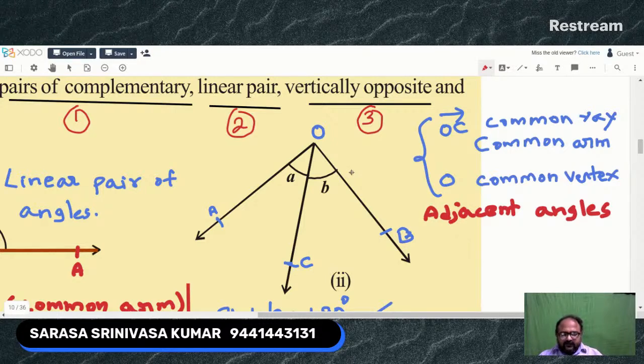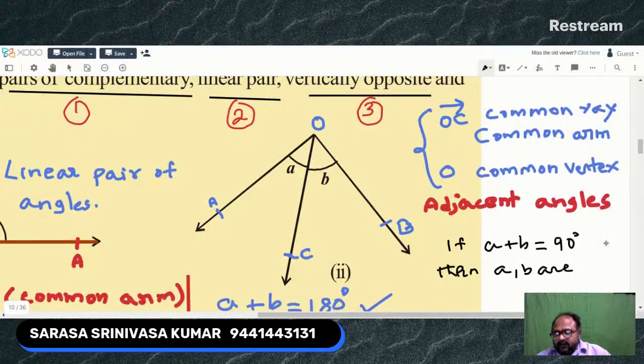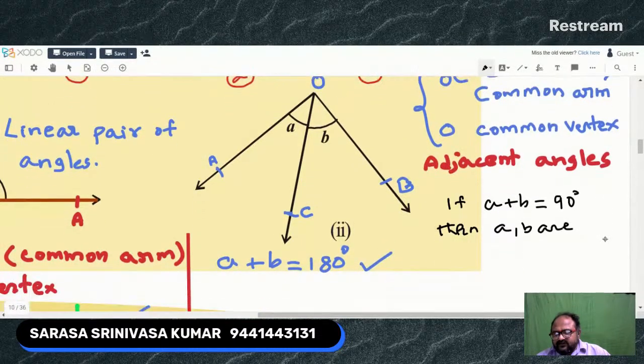You measure the angles, angle A and angle B. If the sum of the two angles is equal to 90 degrees, A plus B equal to 90 degrees, then A and B are complementary angles. Students should take this as an activity.